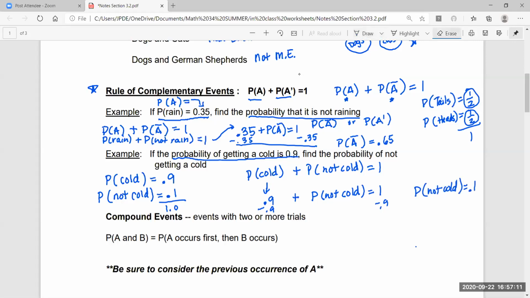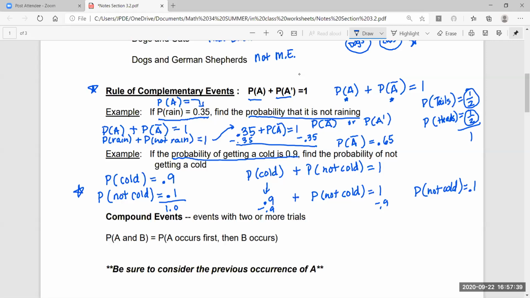So again, writing it out, I'm doing it very formally, but a lot of you will be able to figure it out just in your head. If you get stuck, you notice with a lot of these, I'm going from the words to the symbols. Sometimes students will have a hard time at the beginning getting from the words to the symbols. That's why I'm making a point to write that out.